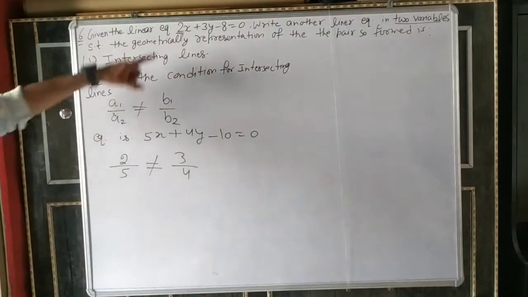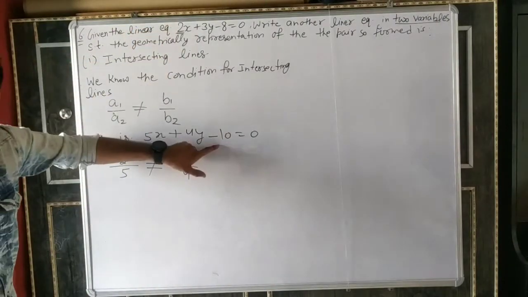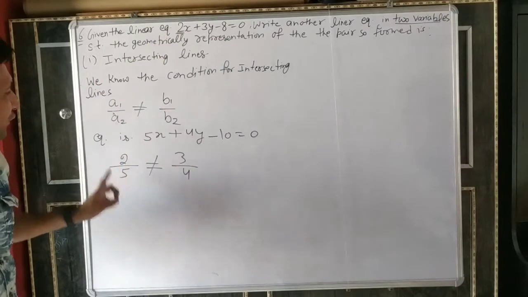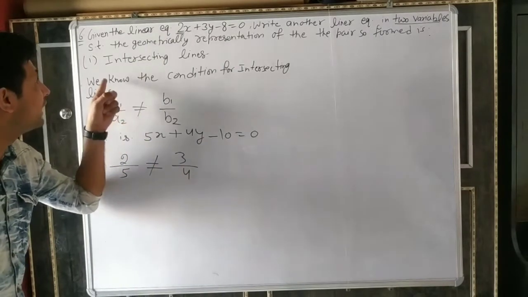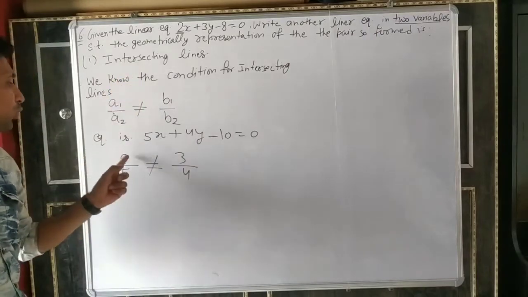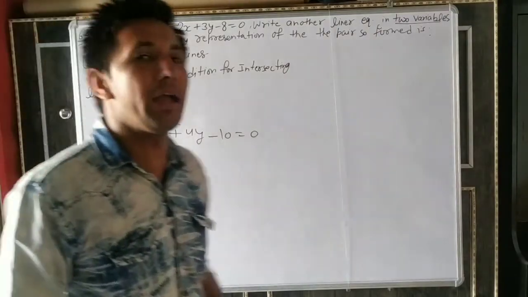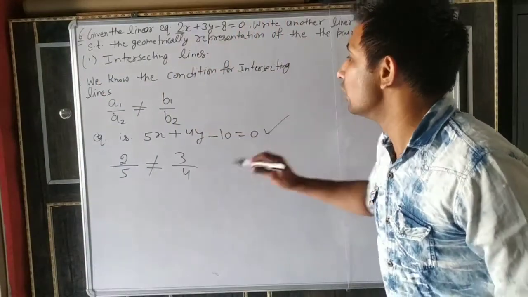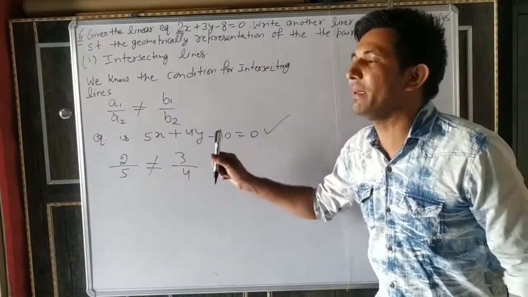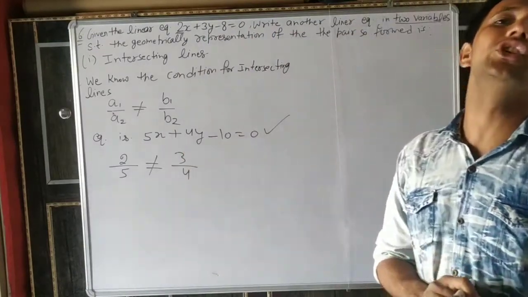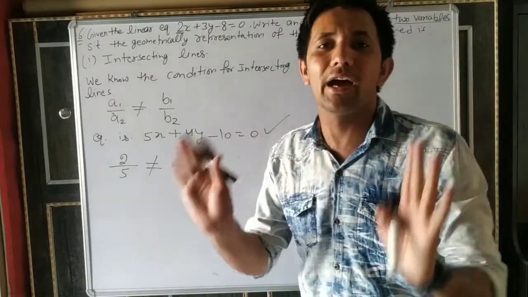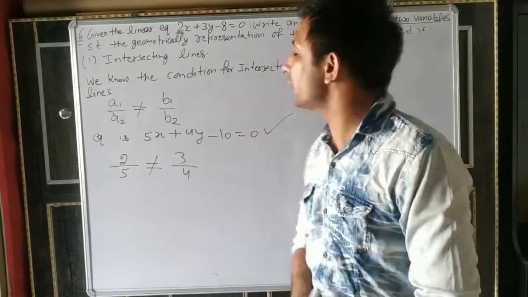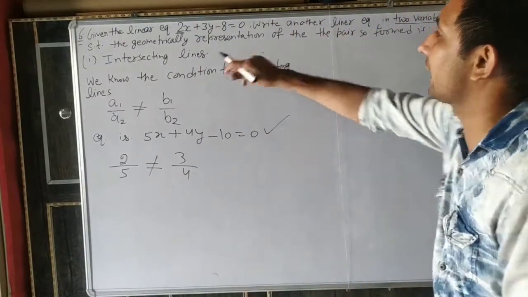So the first equation is this one and the second equation is this one. 2 by 5 is not equal to 3 by 4, because this is the condition for intersecting lines. So the equation is 5x plus 4y minus 10 equal to 0. Like this you can write infinite examples. How many can you write? Infinite.